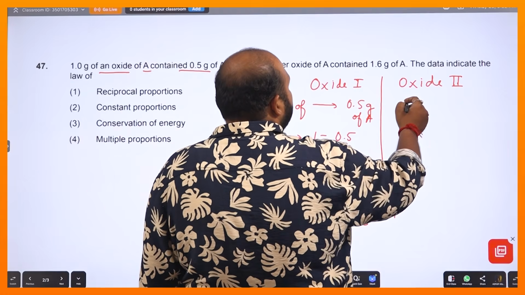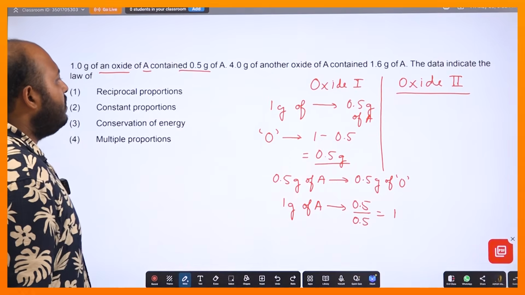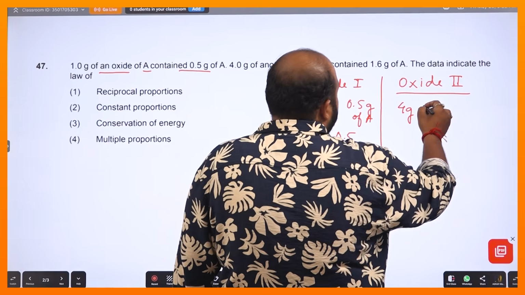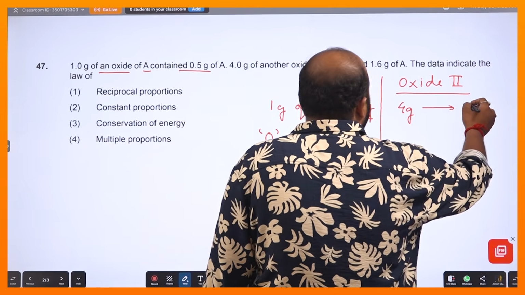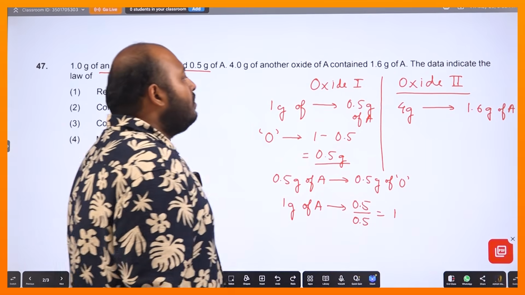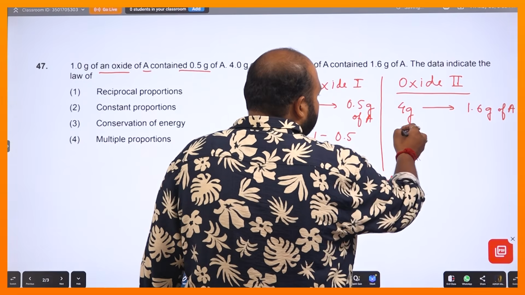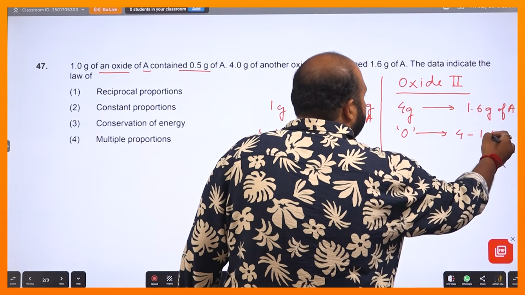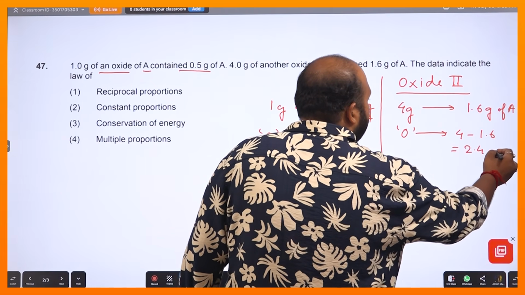And for the second part, oxide 2, you can see that it has given 4 grams. 4 grams of the oxide contained 1.6 gram of A. So how much is the oxygen content here? It will be 4 minus 1.6, that is equals to 2.4 gram of oxygen.